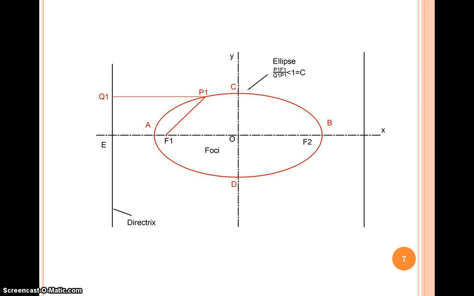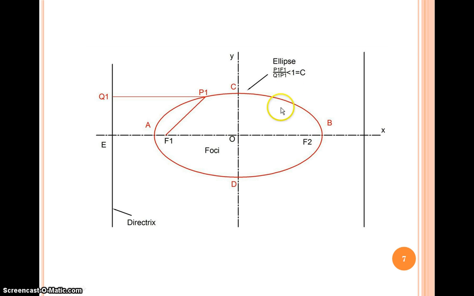This is an ellipse where you can see that the ratio of P1 F1 by Q1 P1 is less than 1 for the ellipse. P1 F1 divided by Q1 P1, the ratio of those two terms is less than 1.